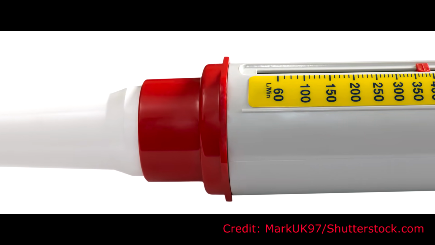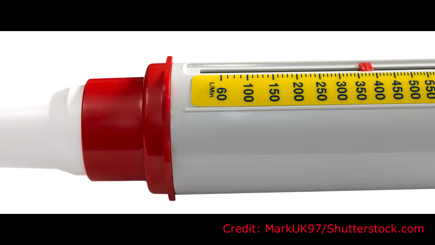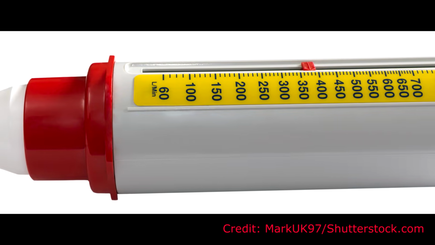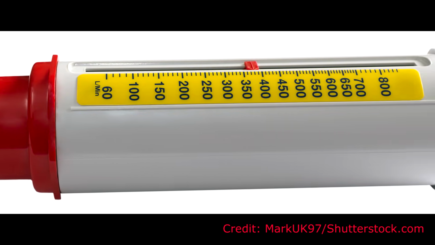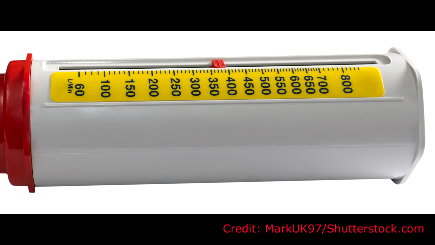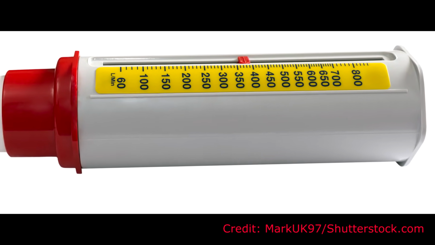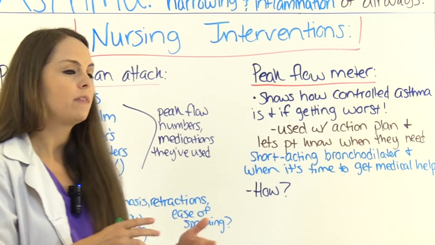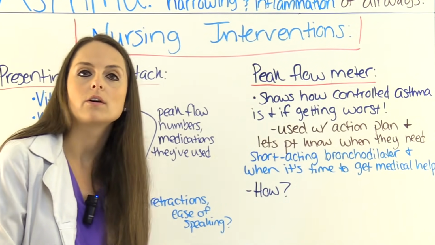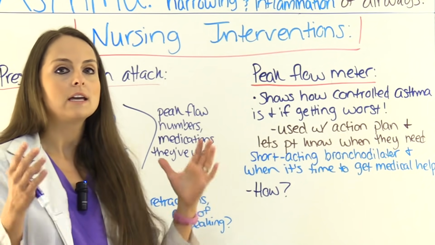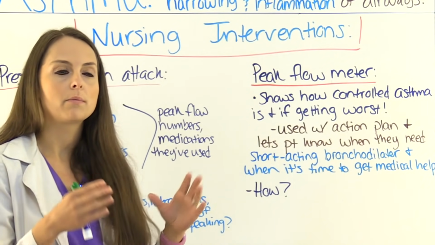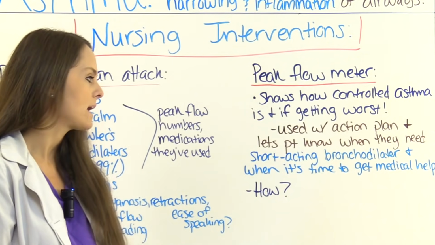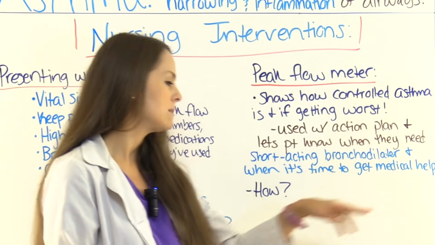Remember, the patient exhales fully on it, they will do that several times, and they will measure their readings. It's used along with that action plan that we went over earlier, and it lets the patient know when they should use their short-acting bronchodilator because they have some issues going on in there, because we want to prevent a full-blown asthma attack, and when it's actually time for them to get medical help.